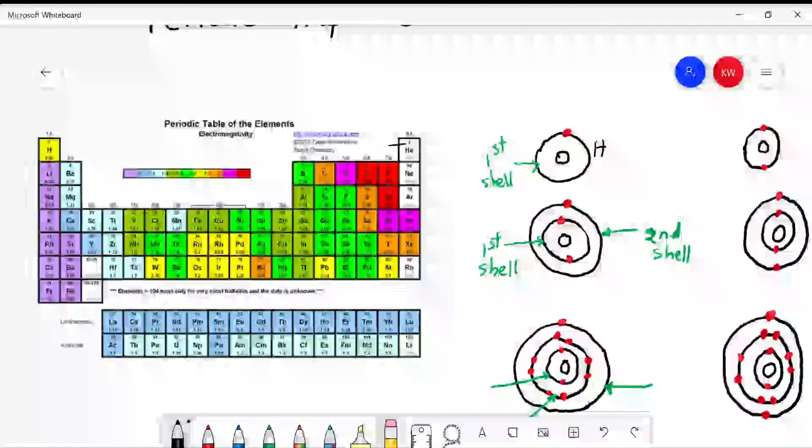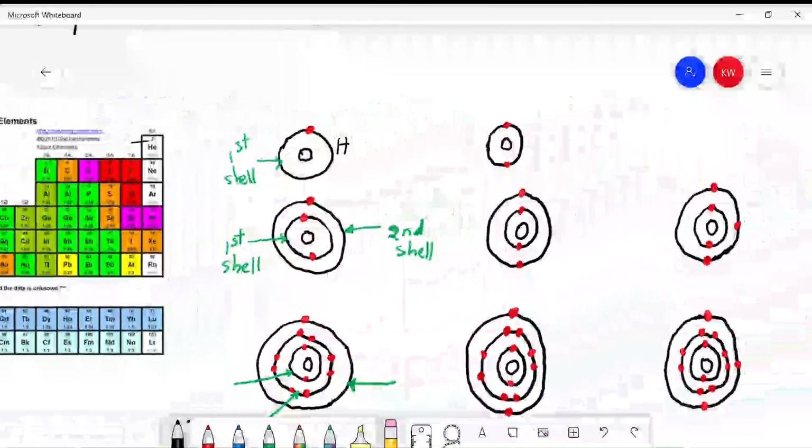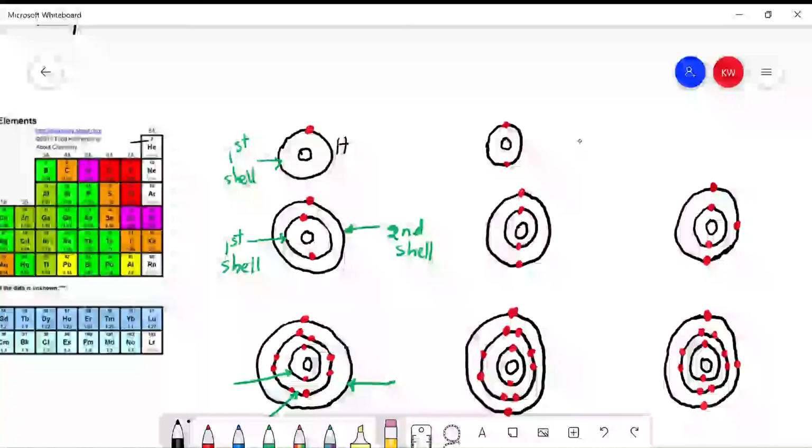So that's how we introduce our elements, and if the atom is neutral, the same amount of protons means the same amount of electrons. If we move one more over, we'd have 3, because the second shell is able to have as many as 8. So the next one will have 4, 5, 6, 7, 8. All right.